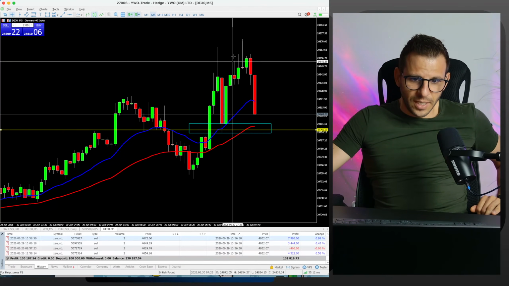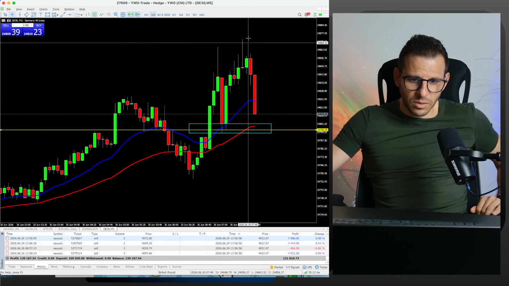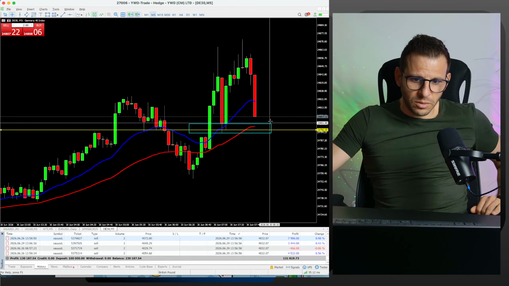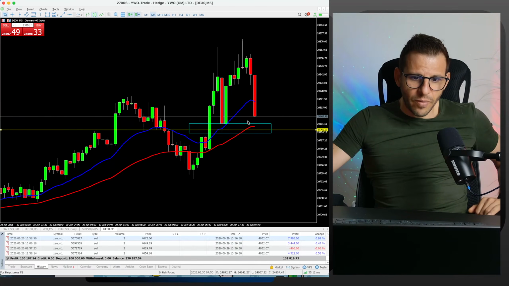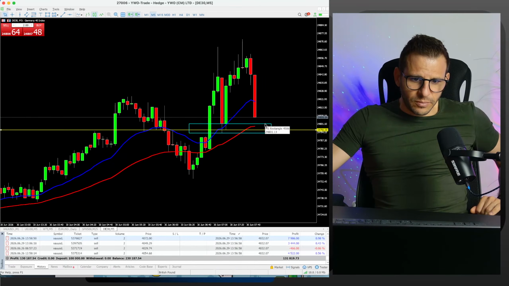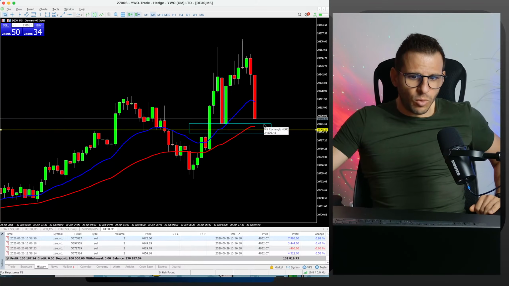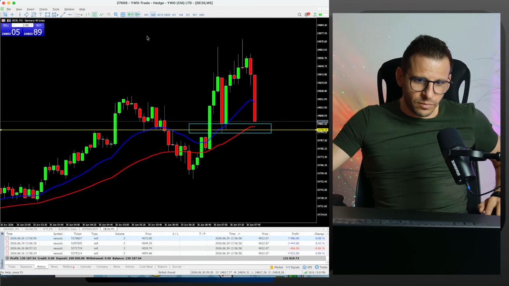The 5-minute had this weakness here, dodgy candles. Now we are coming down to the area, but this area is not considered anymore as a high quality area for buys, just like it was right here.